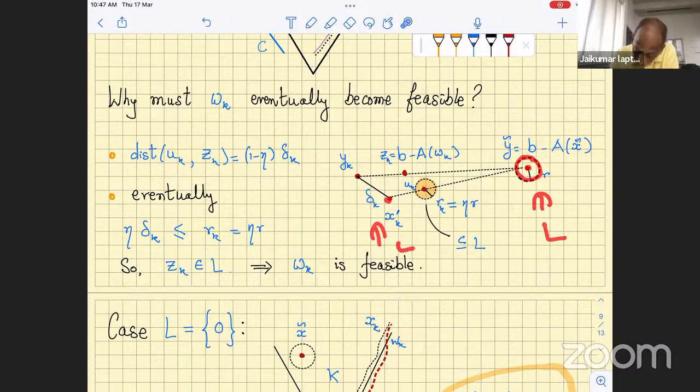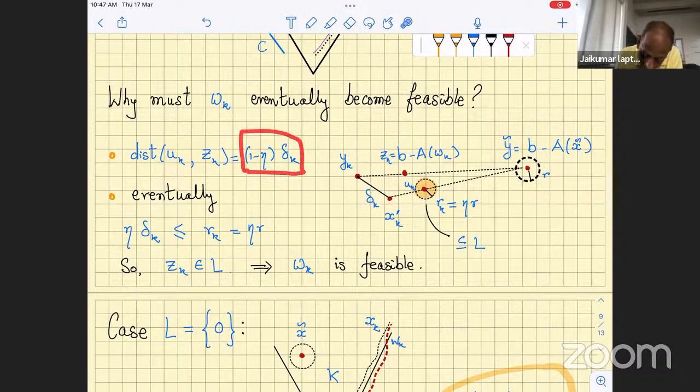Okay. So what we know is that this point and this entire ball are inside L. This tracking point is also inside L. So this entire ball is inside L. Okay. And its radius is eta r. The distance between this and this is controlled by this distance. This distance is delta k, this is actually even smaller, but that smallness is not important. But it will be something like 1 minus eta times delta k.